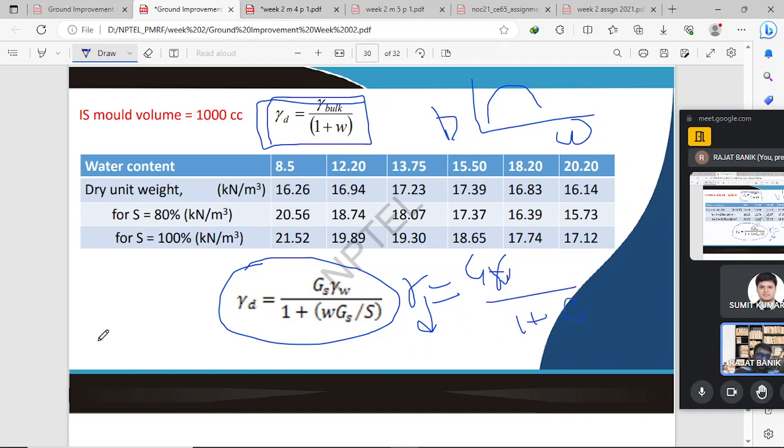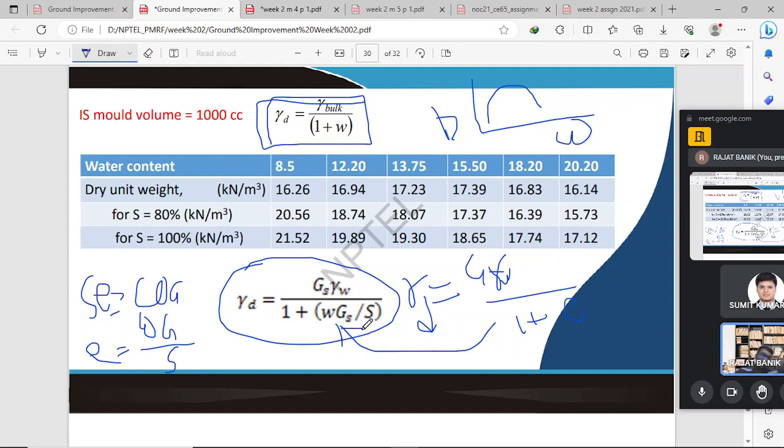Again, we know that S e is equal to omega G, so rearranging, e is equal to omega G by S. We replace this e in the formula and find the required formula.